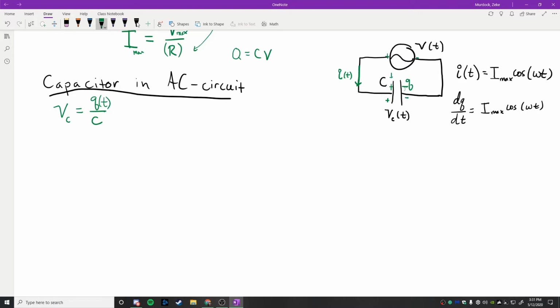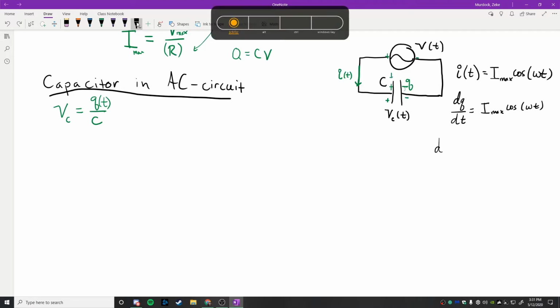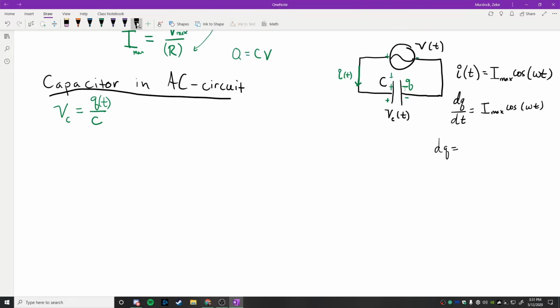We do that by doing a separation of variables. Our expression tells us that dQ would be equal to I max cosine omega t dt. Then we'll integrate both sides to find the charge as a function of time. We'll integrate from 0 up to some Q prime, and over here from 0 up to some t prime, which just represents some arbitrary time in the system.